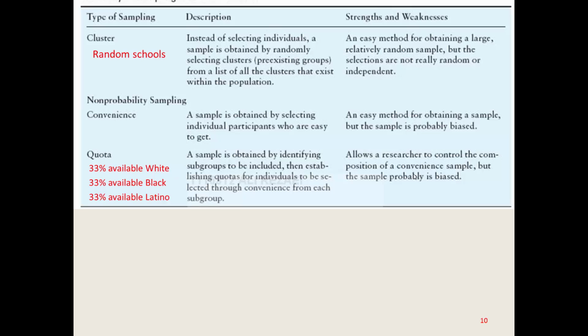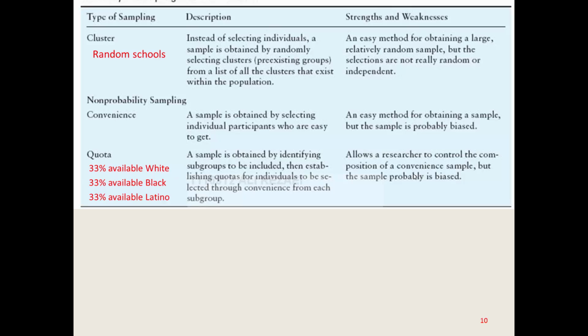Another type of probability sampling is cluster sampling. In cluster sampling, instead of choosing random individuals, we use random clusters or random groups. For example, if you want to do nationwide research on elementary schools, you cannot have the list of all elementary school students in one list.